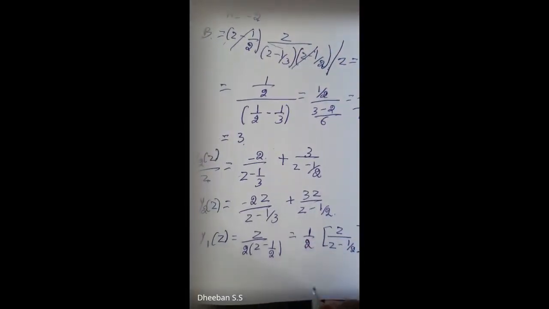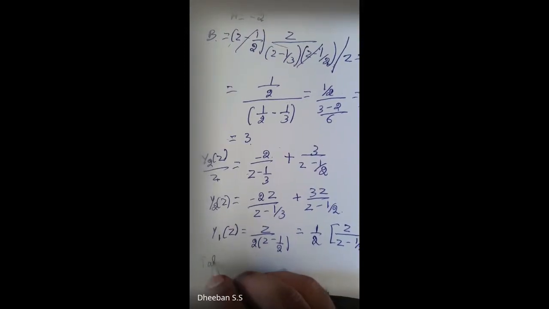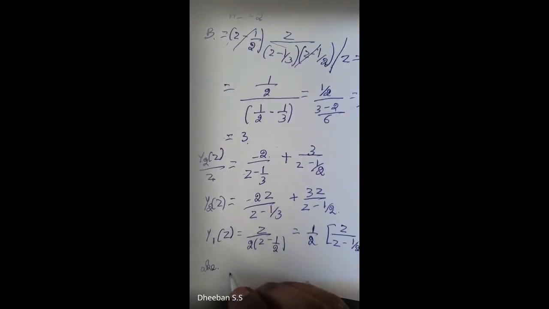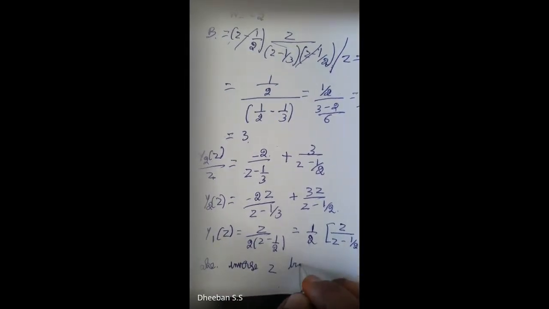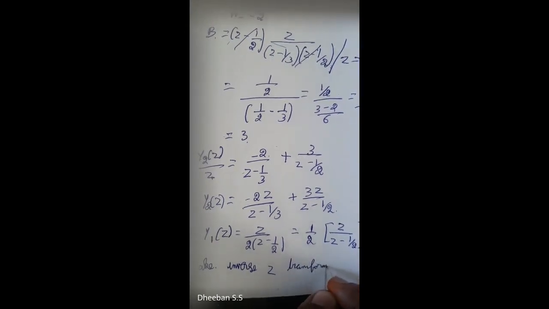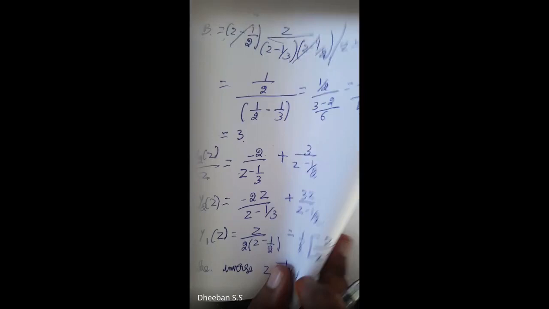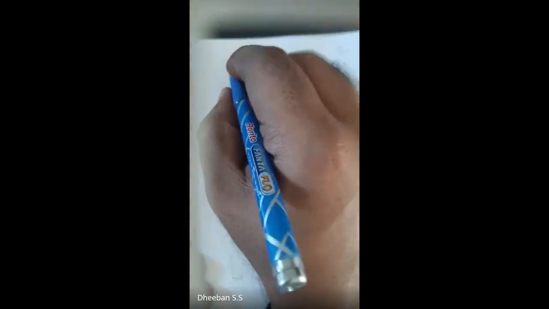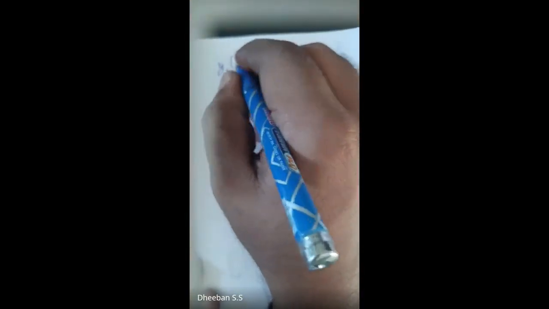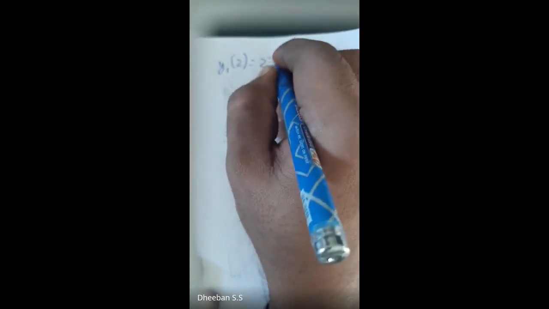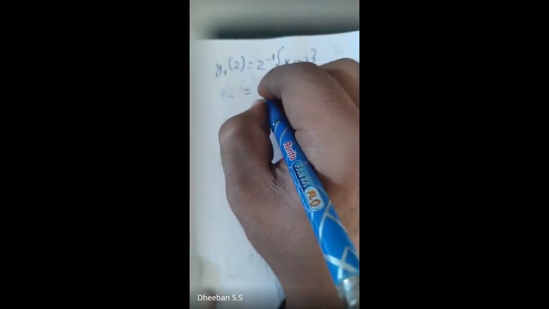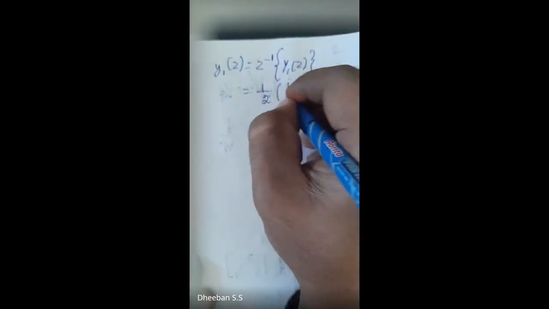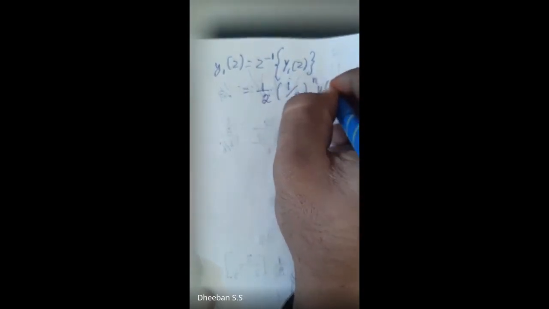Take the inverse z transform for both signals. We get y1(n) equal to z inverse of Y1(z), which is (1/2)(1/2)^n u(n).